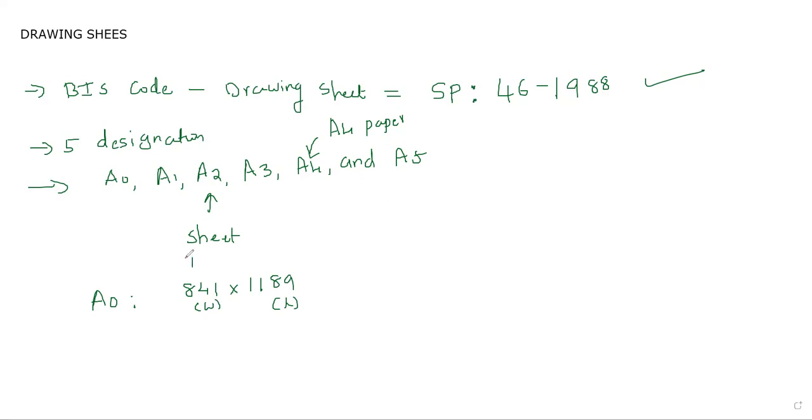So you can write the trimmed size. Then we can mention the untrimmed size. The untrimmed size always exceeds the trimmed size. So the untrimmed size is 880 millimeter into 1230 millimeter, of course width and length.